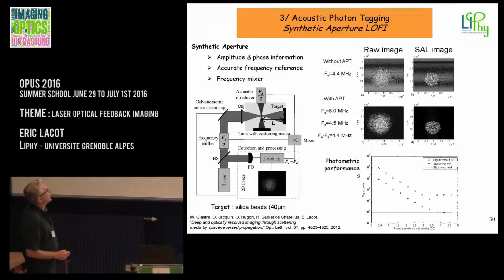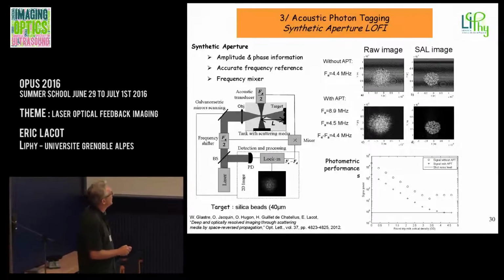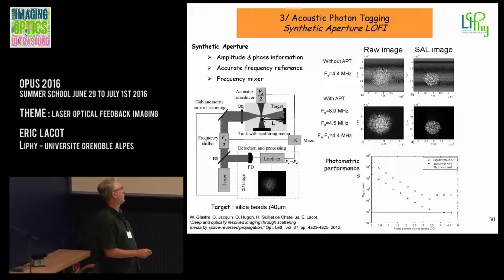It also works for the synthetic aperture image. The experimental setup is roughly the same. The LOFI microscope is now focused here in the glass tank, in front of the target plane. The acoustic transducer allows us to focus an acoustic wave here on the laser beam. For the detection, we have used a frequency mixer to make a detection at the difference between the frequencies, Fi minus Fa, at 4.4 MHz.